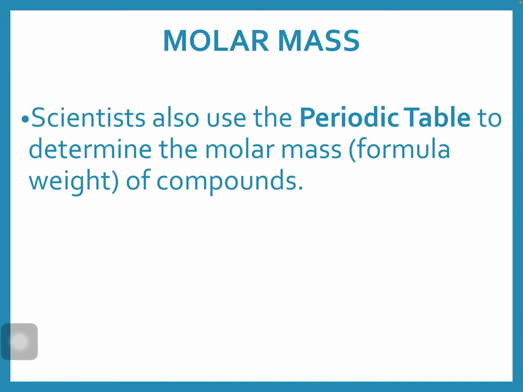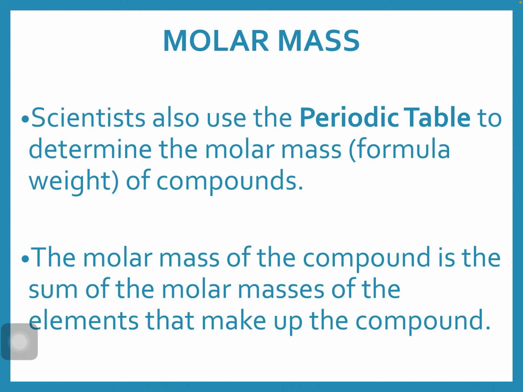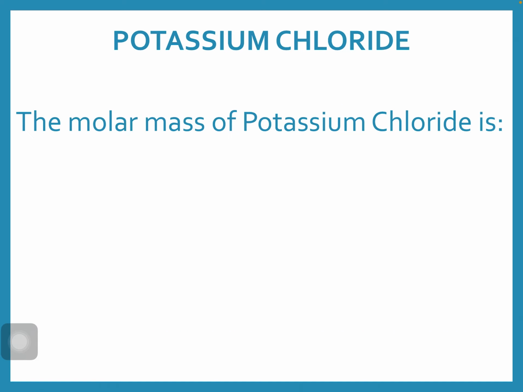So those were all different elements. We can also use the atomic mass of each element to determine the molar mass of any compound. So all we have to do is take the sum of the molar masses of each of the elements that make up the compound. So for example, potassium chloride, potassium is K, it's group 1, so it's a 1 plus.